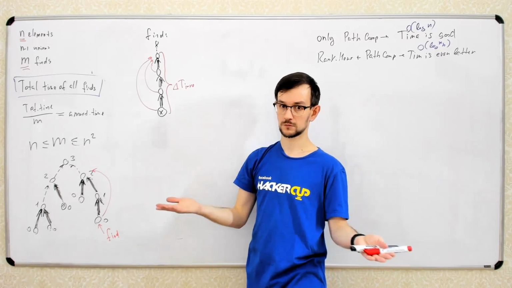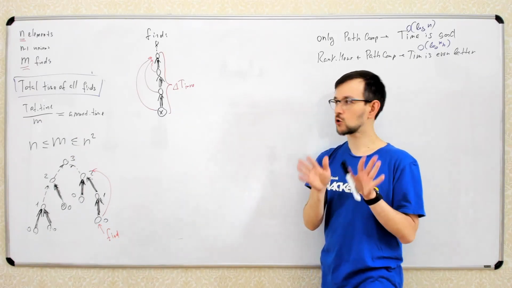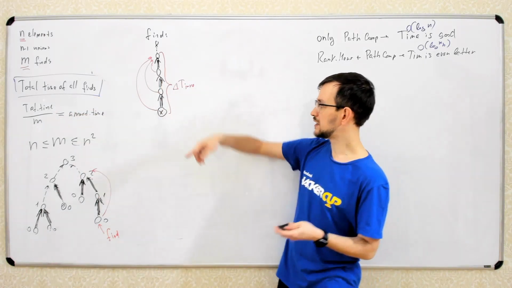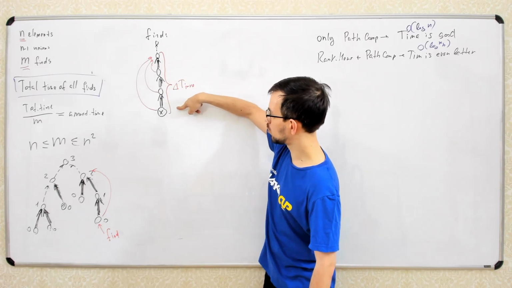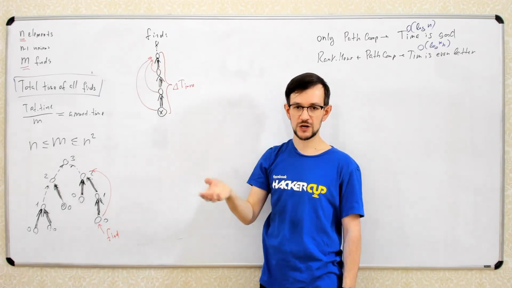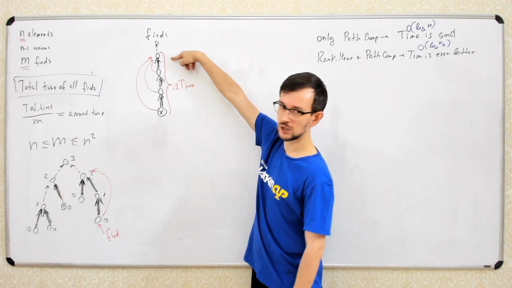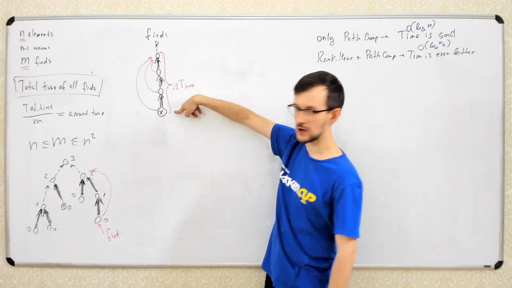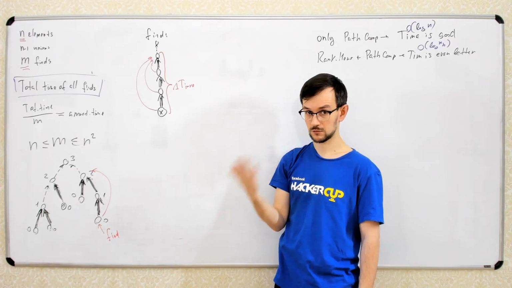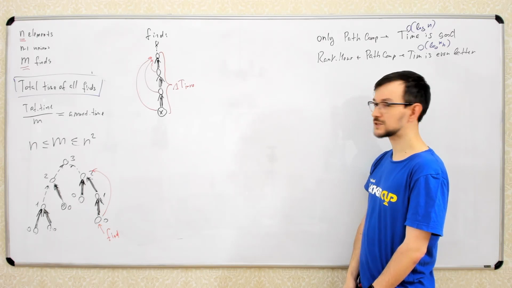That's what we're trying to calculate: the total time of all find operations. The time of a find is the length of the path we travel when we start from vertex x and end in the vertex which was the current root of the tree containing x. So we start from vertex x, travel some edges to the root, and then apply path compression. And this length is added to the time complexity. That's all the preparations.